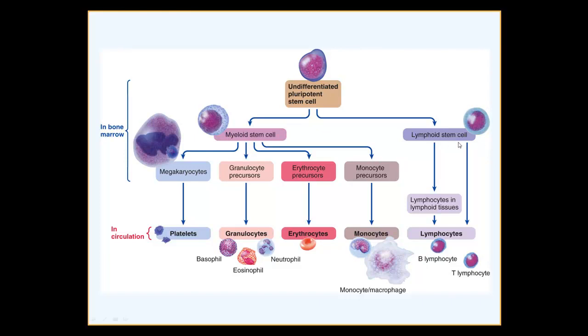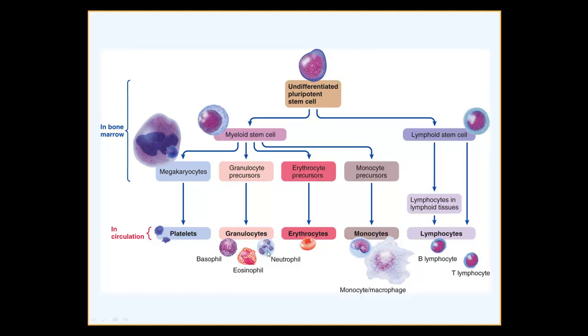The myeloid stem cell, on the other hand, will give rise to a lot of other cells: the cells that will give you the platelets, the cells that will give you the erythrocytes, or erythrocyte precursors, the erythroblasts, and the granulocytes, which will give you the basophils, eosinophils, and neutrophils.